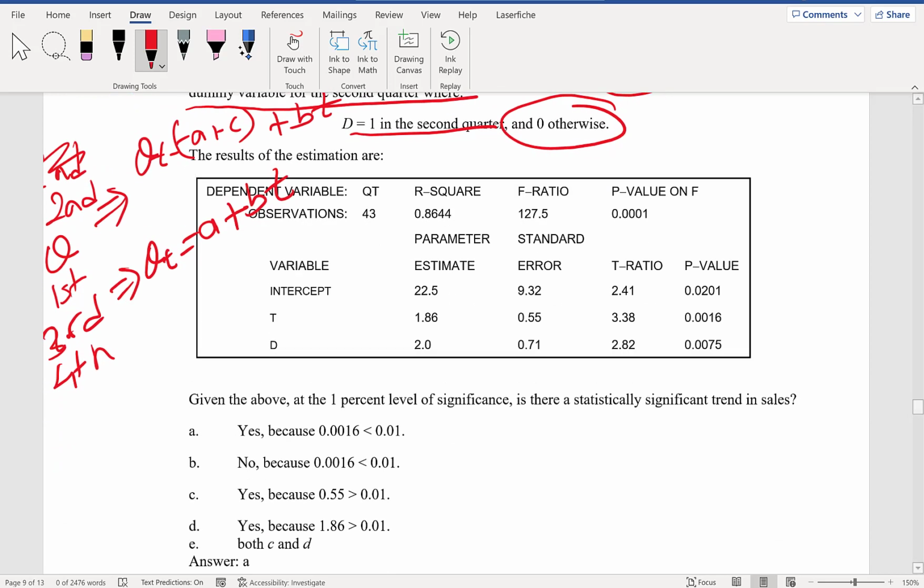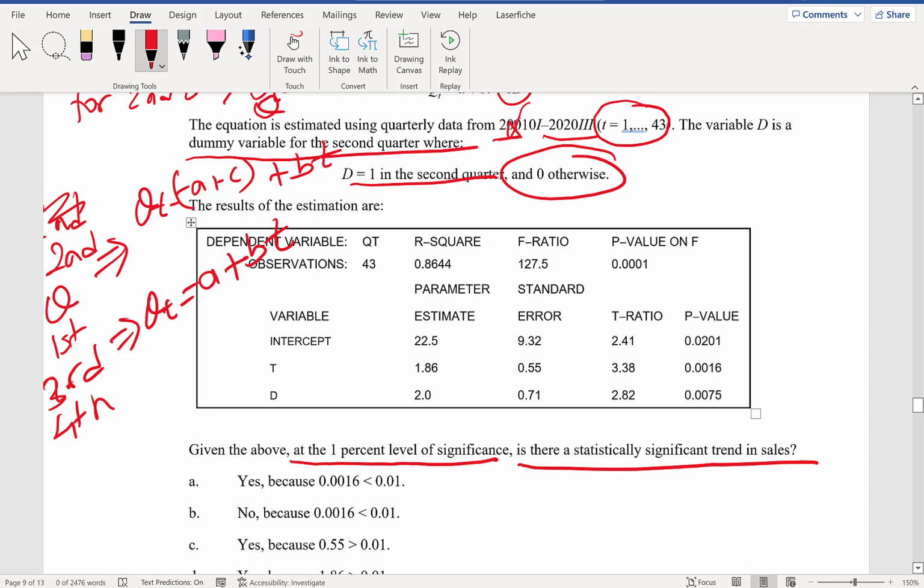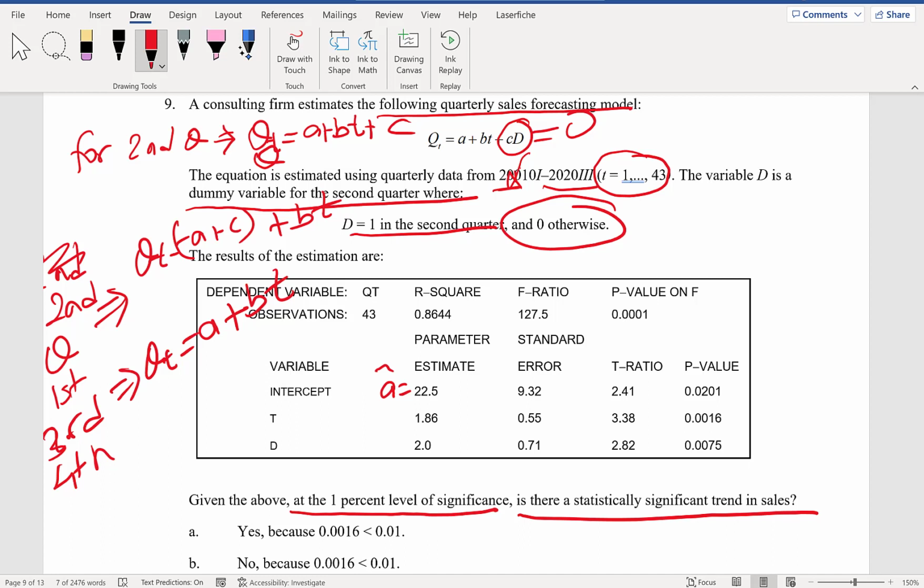Given the above, at a 1% level of significance, is there a statistically significant trend in sales? So let's take a look. The intercept is A hat, 22.5. T is the time trend for each quarter. This is B hat.